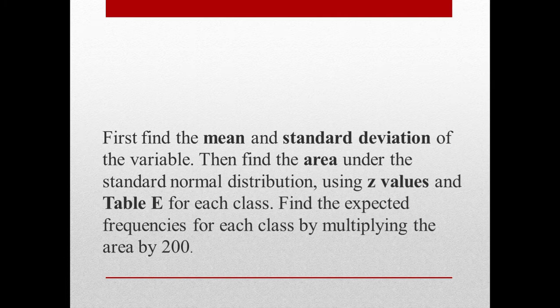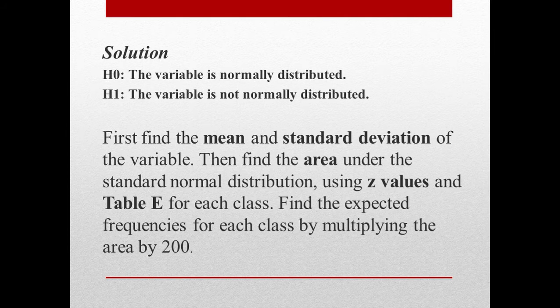First, for our solution, find the mean and the standard deviation of the variable. Then, find the area under the standard normal distribution using the z-value and Table E for each class. Find the expected frequencies for each class by multiplying the area by 200.